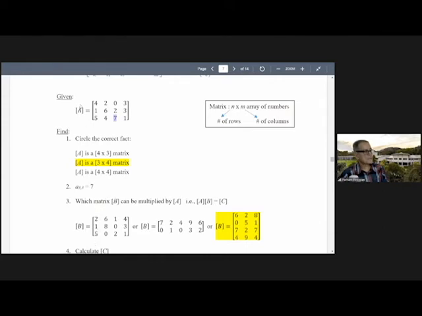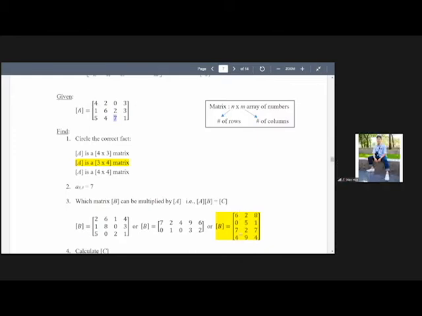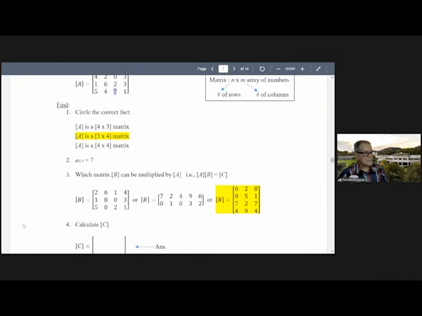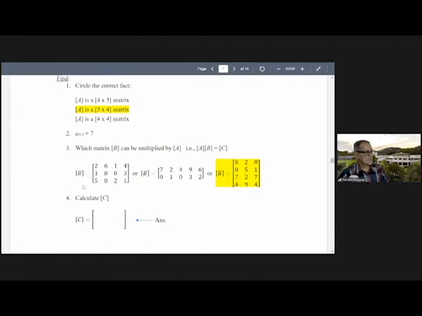It doesn't. So the number of columns should match the number of rows here, and it doesn't, so we cannot multiply by this B. By this one, no, we can't multiply. This one, yes, we can multiply. It has 4 rows and A has 4 columns. Then yes, we can multiply. This is the right answer. Calculate C, just multiplying matrix A times matrix B. It is a homework for you. You can do it later yourself.